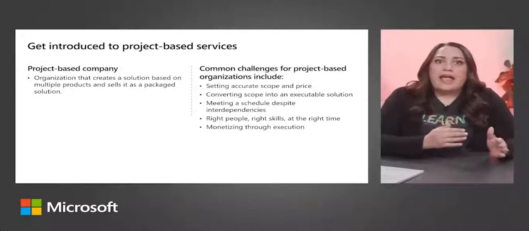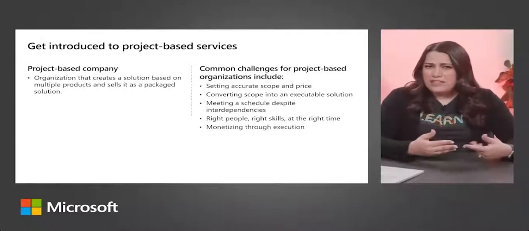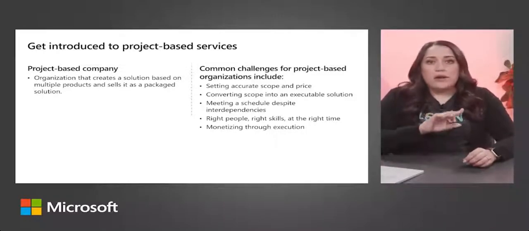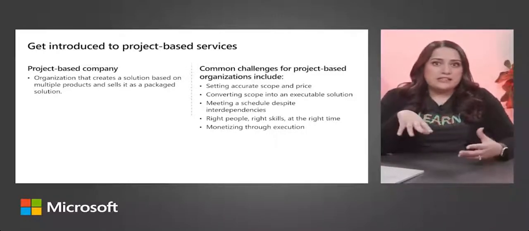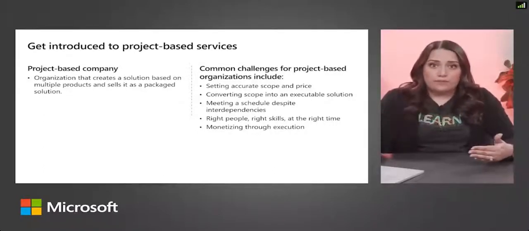So in order to understand the differences between a product service-based company and a project-based company, let's compare the two. A product service company may be something like a car repair shop that's providing parts and the services to repair your car. But a project-based company is a company who is, let's say, building a highway that the cars drive on.